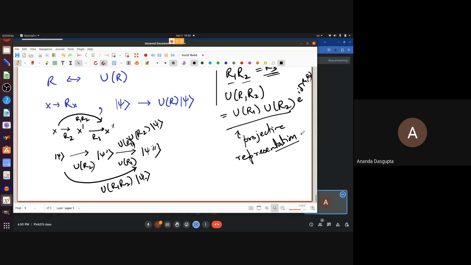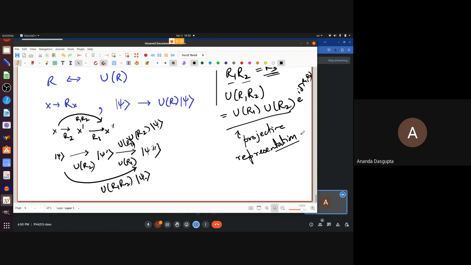Can't you? It's very often possible to get rid of this extra phase factor. Although quantum mechanics allows you to have an extra phase factor in this description, classical mechanics does not. Quantum mechanics does.